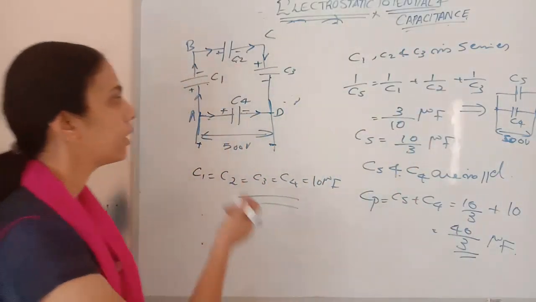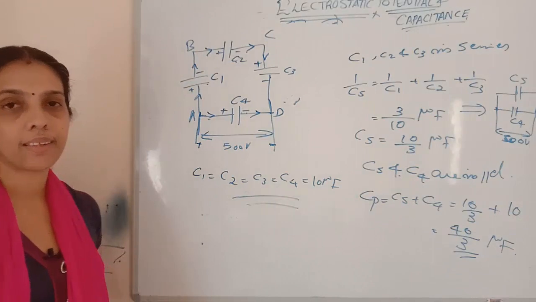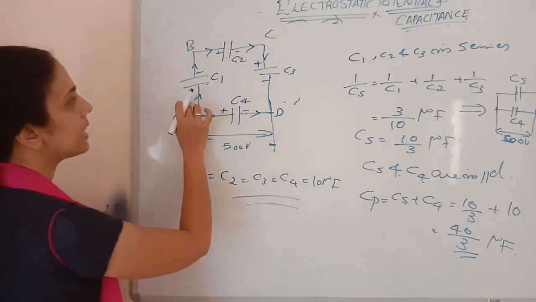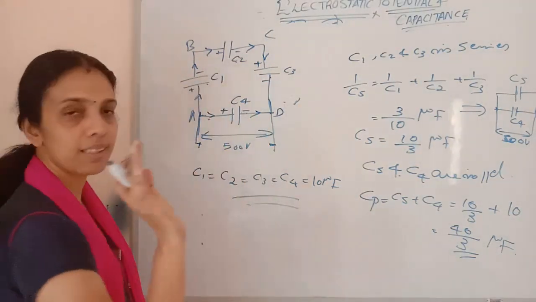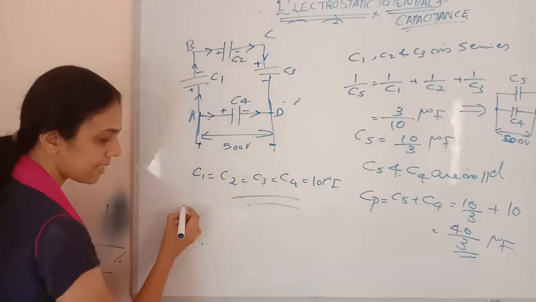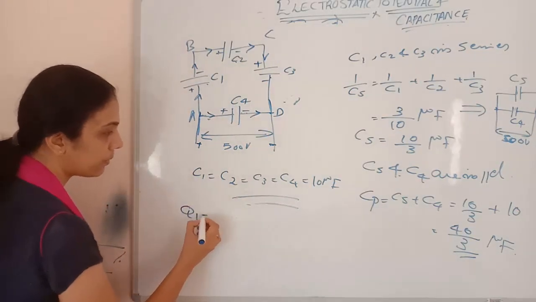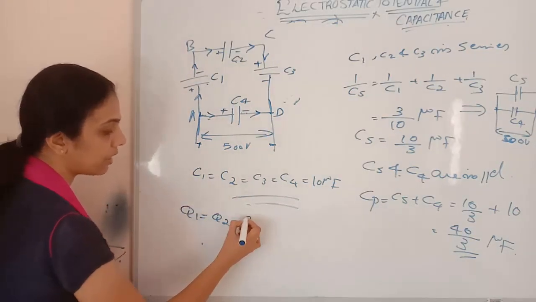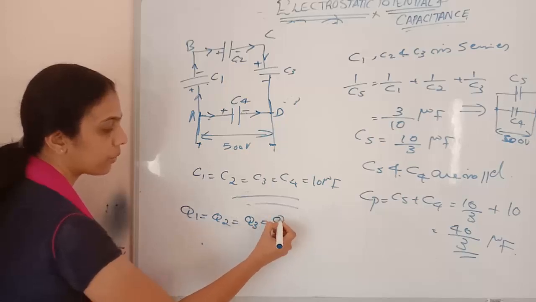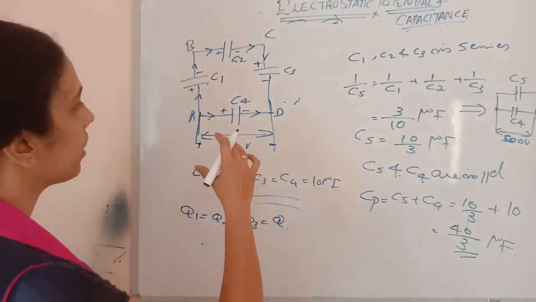Now we need to find out the charge on each capacitor. How can we find out? See, C1, C2, C3 are in series. Since they are in series, we can write Q1 equals Q2 equals Q3. So how can we find out the potential?